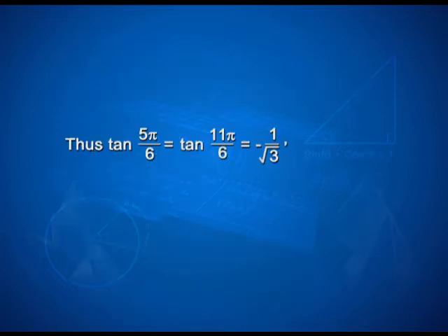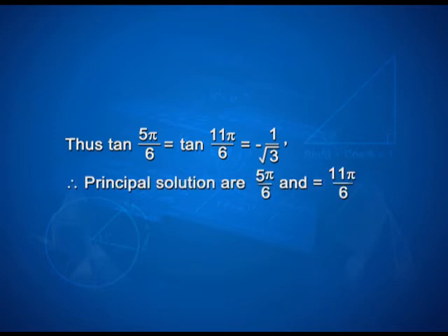Thus, tan 5 pi upon 6 and tan 11 pi upon 6 are equal to minus 1 upon root 3. Therefore, the principal solutions are 5 pi upon 6 and 11 pi upon 6.